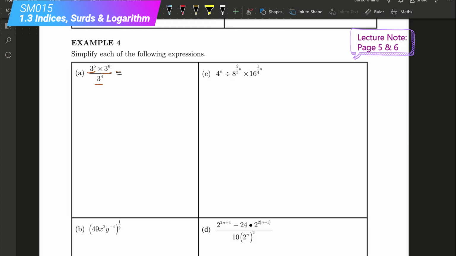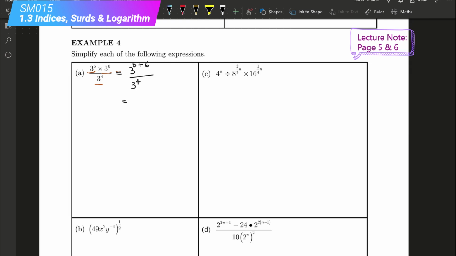If multiply, we need to add the powers, right? So we have 3 to the power of 5 plus 6, over 3 to the power of 4. We just add the indices here because of multiply.